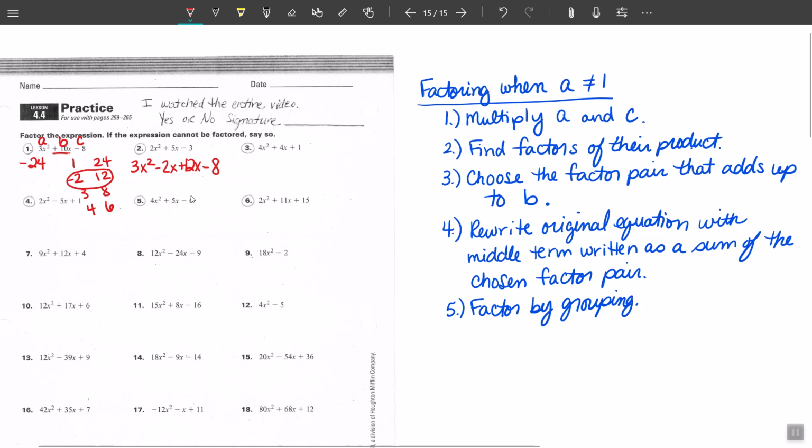We go down to the last step, which says to factor by grouping. This is a skill that we learned in Algebra 1, where when you have 4 terms like this, often you have to factor by grouping. And so we can rearrange things so that the first 2 terms have something in common and the last 2 terms have something in common that can be factored out.